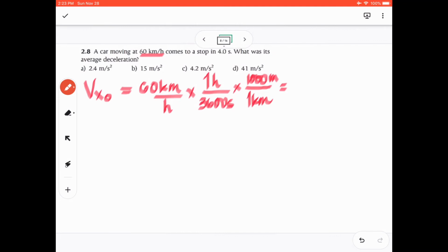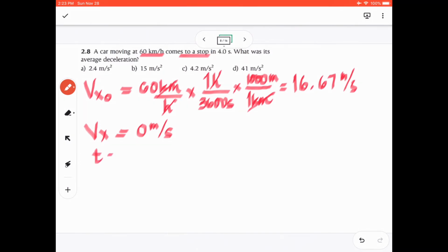Otherwise you can do it this way, and hour and hour cancel, so this is equal to 16.67 meters per second. It says that it comes to a stop, so your final velocity Vx is equal to 0 meters per second, and your given time t is equal to 4.0 seconds.